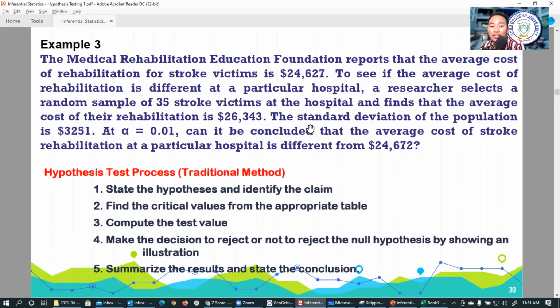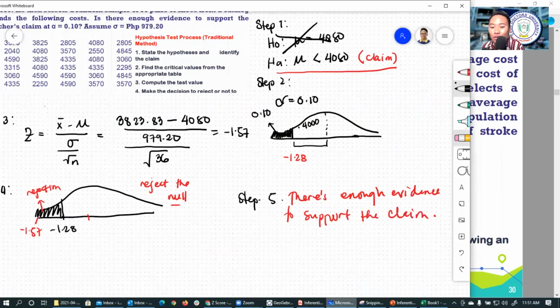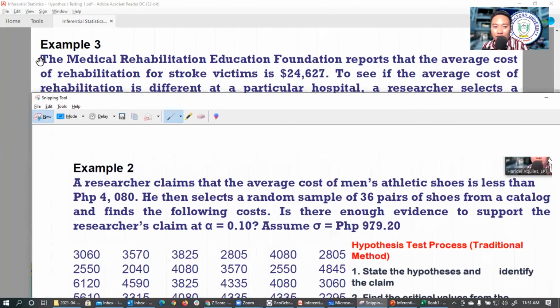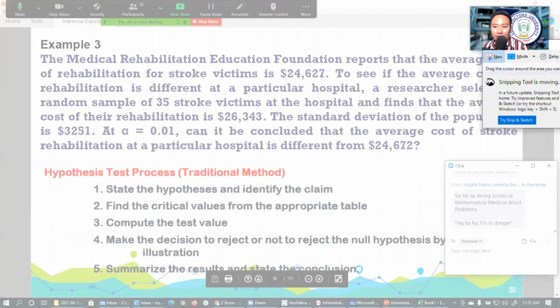The standard deviation of the population is $3,251. At alpha 0.01, can it be concluded that the average cost of stroke rehabilitation at a particular hospital is different from 24,627? So what's your null hypothesis in this problem? What is your null hypothesis?